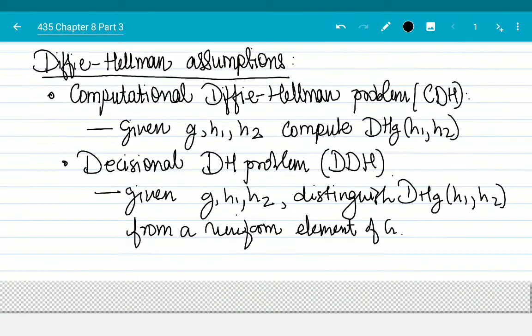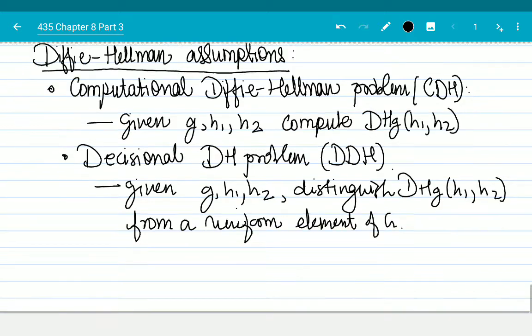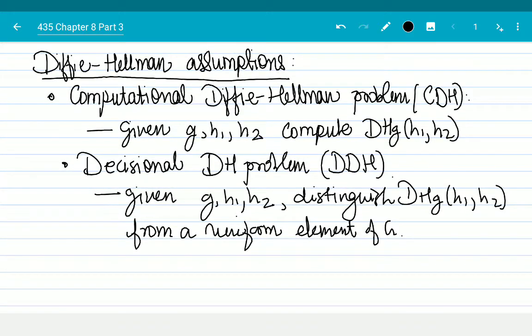You should already see that the decisional problem is nice because I can create a distinguisher, if it can distinguish DH_g(h1, h2) from a uniform element. Okay, and that is the idea of the DDH problem.